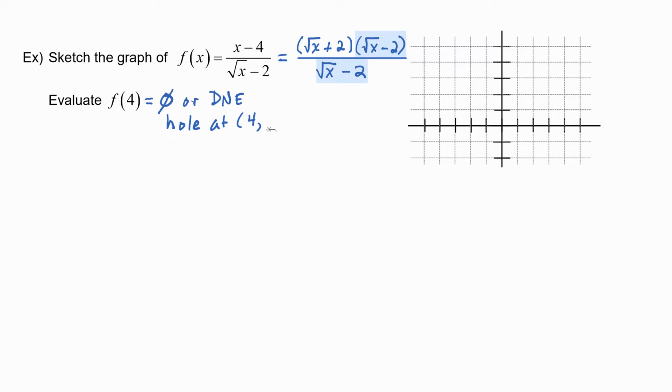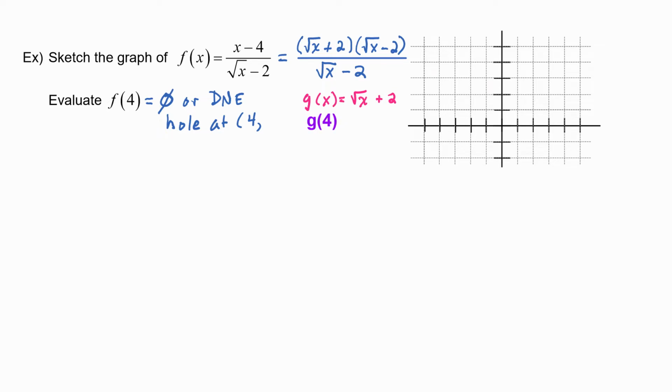And now to figure out the y value, what we can do is find a simpler function that agrees with f of x everywhere except at x equals 4. Because of this common factor, we could write g of x is equal to radical x plus 2, and we know that the graph of g of x will agree with the graph of f of x everywhere except where the denominator of f of x is 0, which is at x equals 4.